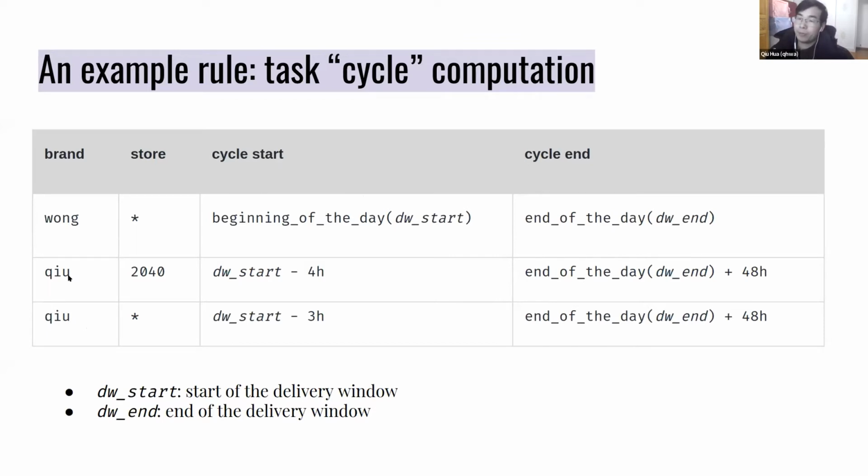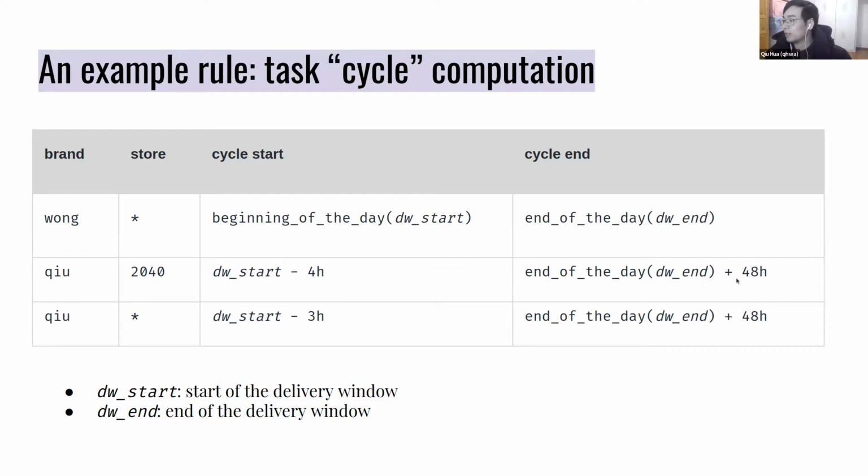But for Q, let's say it's a brand, it's more complex. For the normal stores, we compute with this formula. However, for this particular store, we want to adjust the cycle start 1 hour earlier, so that's 4 hours minus the delivery start time.